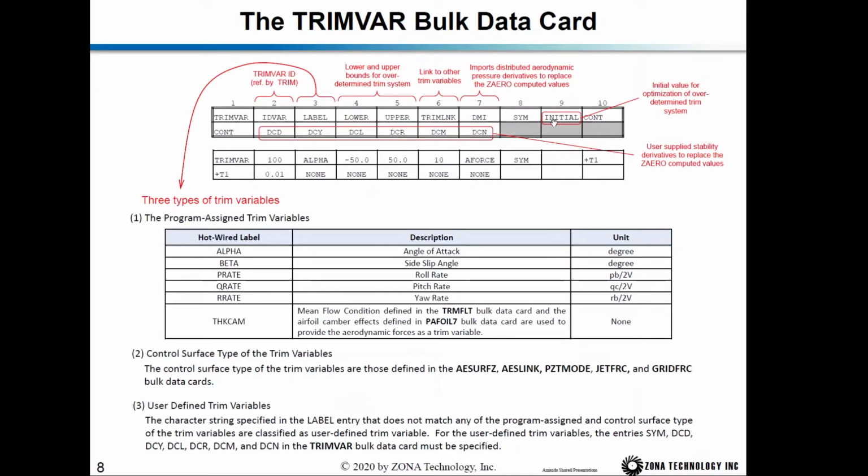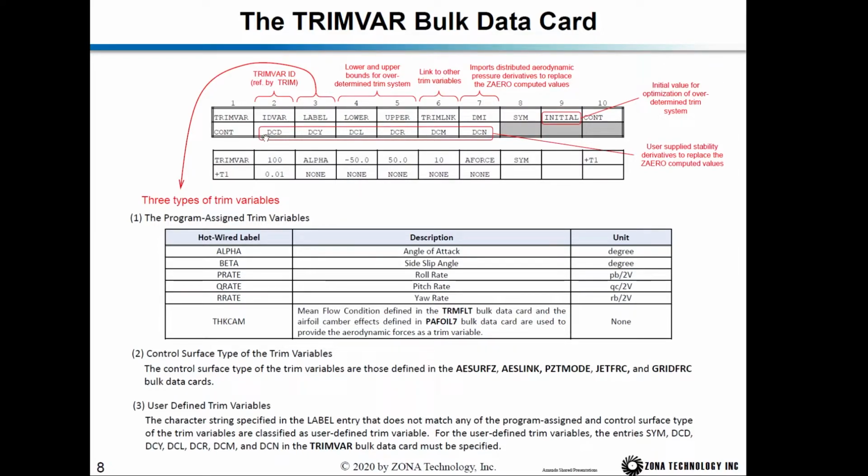And the initial is the initial value of the trim variable, only used for the overdetermined trim system. Because it's an optimization problem, the initial value may have an impact on the final solution.